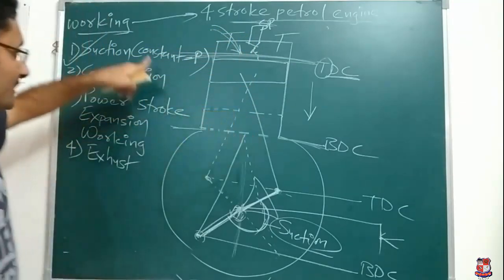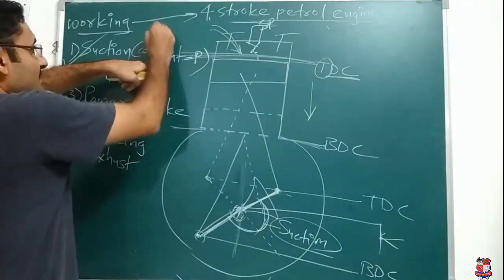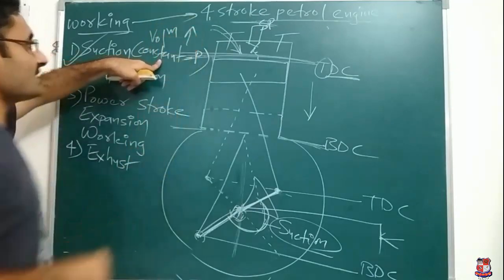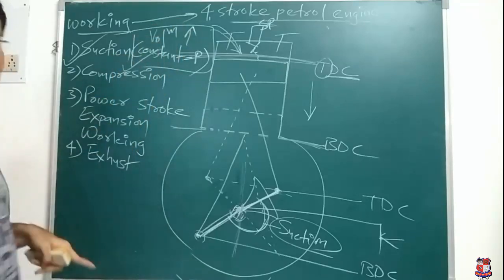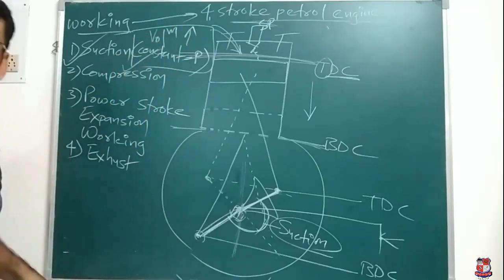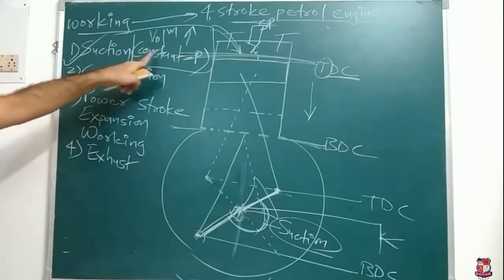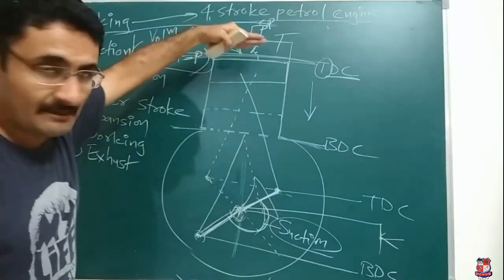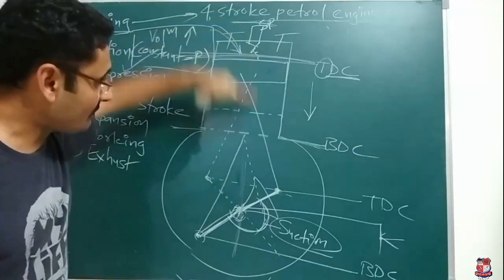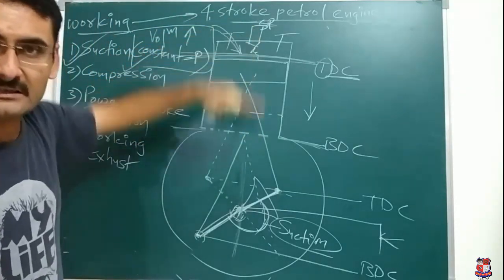Clear about that? So pressure remains constant and volume is increasing for suction stroke. That point you have to remember. In suction stroke, constant pressure process takes place, which is atmospheric pressure, and when piston travels from TDC to BDC, obviously its volume is increasing.